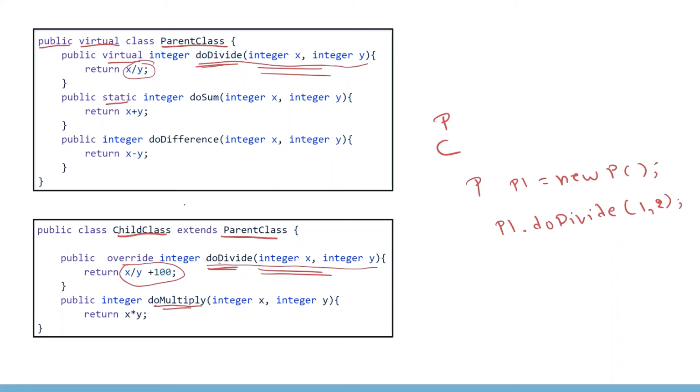So if you want to use the same set of parameters and the same method name, with only the returning logic being different, then you can use this virtual concept while implementing.